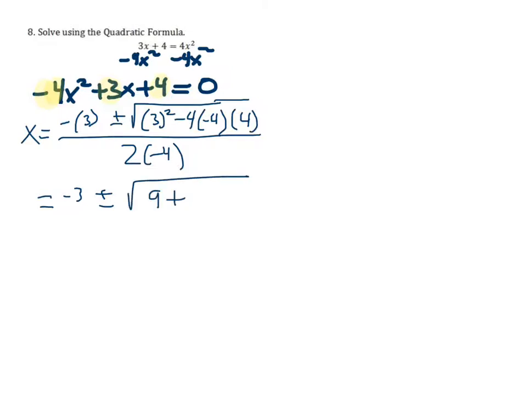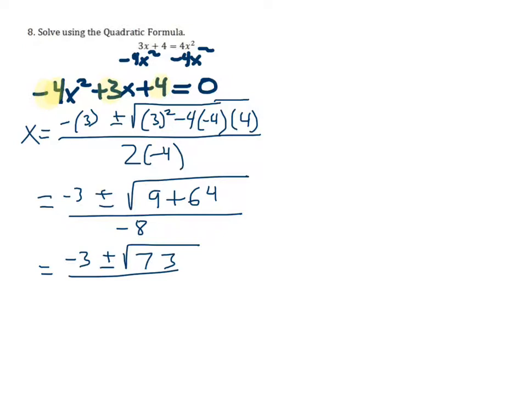Let's go ahead and write that down so we don't make a silly mistake. All over negative 8. Okay? And so we have negative 3 plus or minus the square root of 73 all over negative 8. Now, we can't simplify the square root of 73 because that's prime, so the only thing we can do is divide everything by negative 1.